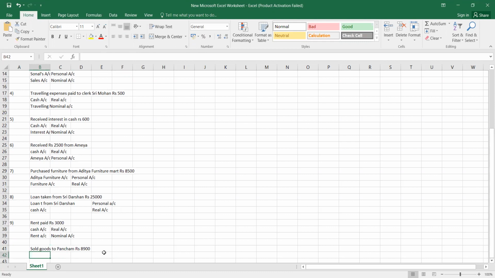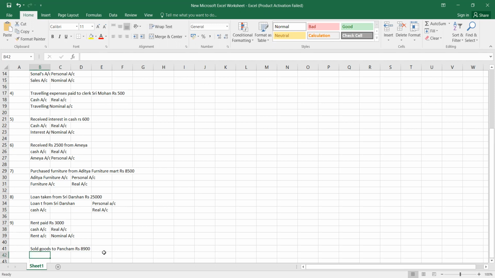Whenever goods are purchased, the account that is impacted is purchases. Okay, but that is only in case of goods. So when goods are sold, the account that is impacted is sales. When furniture is sold from your business, the account that is impacted is going to be furniture, not sales. This sales and purchases is only in reference to goods.